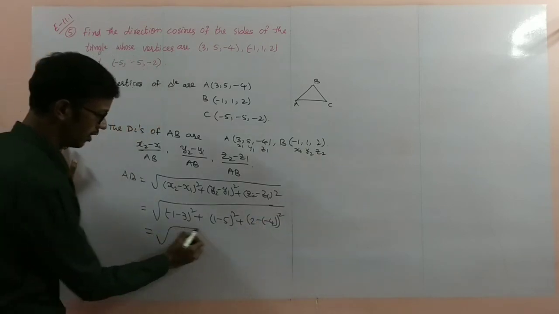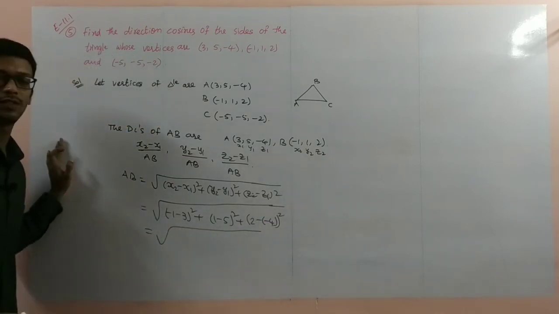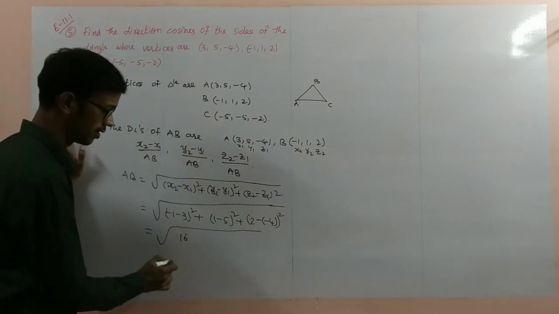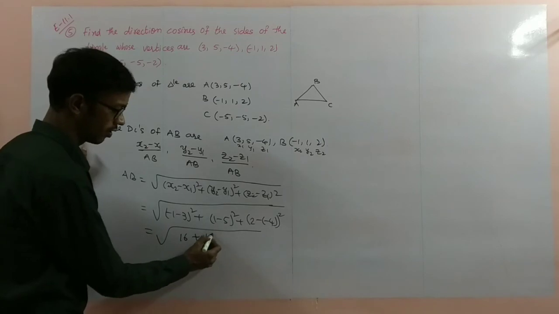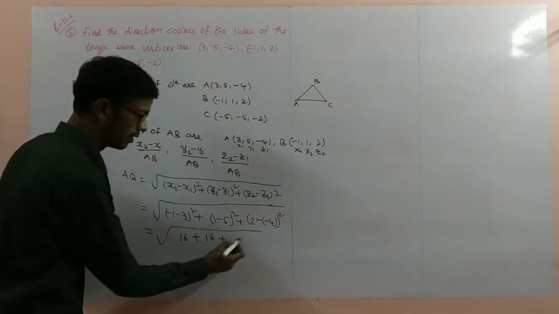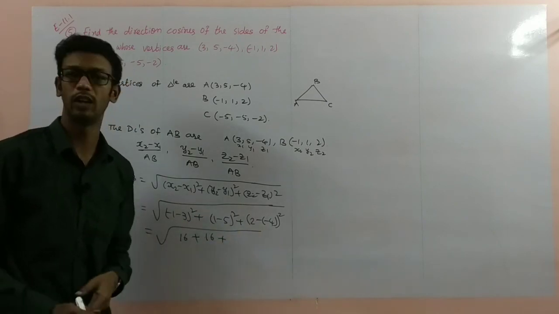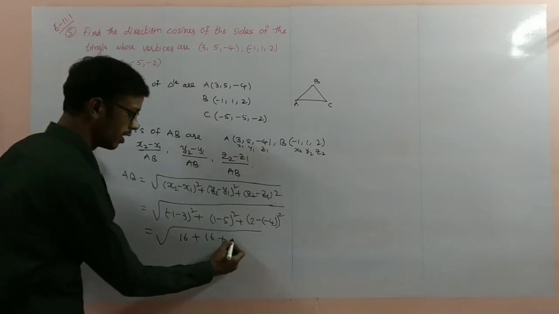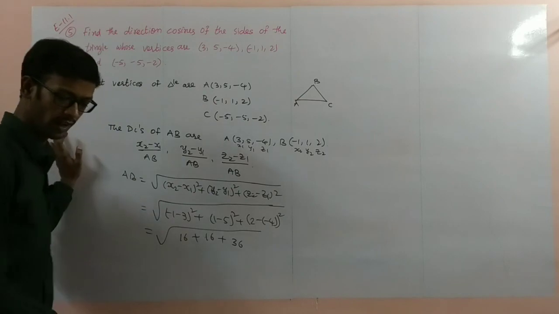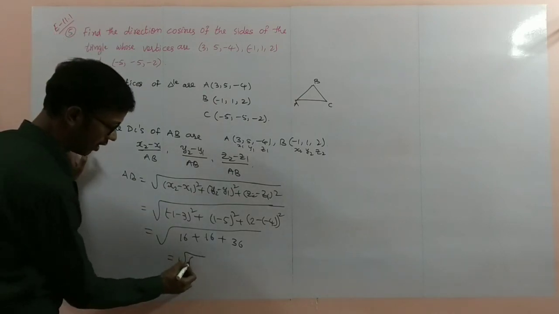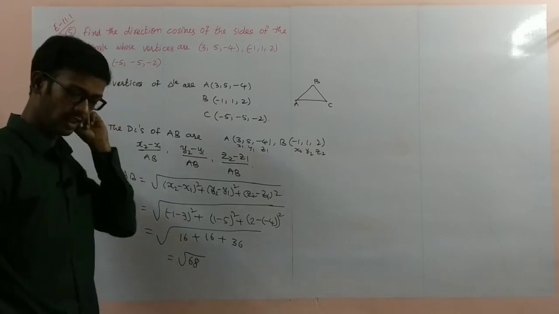If you simplify this, minus 4 square is 16, plus minus 4 square is 16, plus here how much will we get? 4 plus 2 is 6. 6 square is 36. Total it will become 68. Root 68.